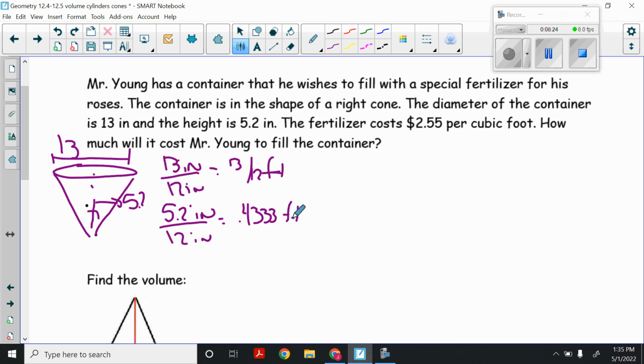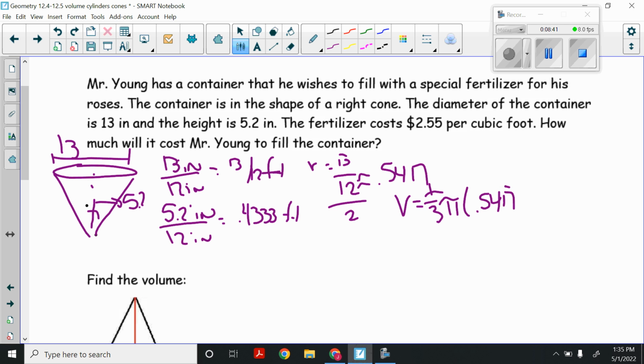My radius then is 13/12 cut in half, which is approximately 0.5417. So now the volume is 1/3 pi, my radius 0.5417 squared, times my height 0.4333.